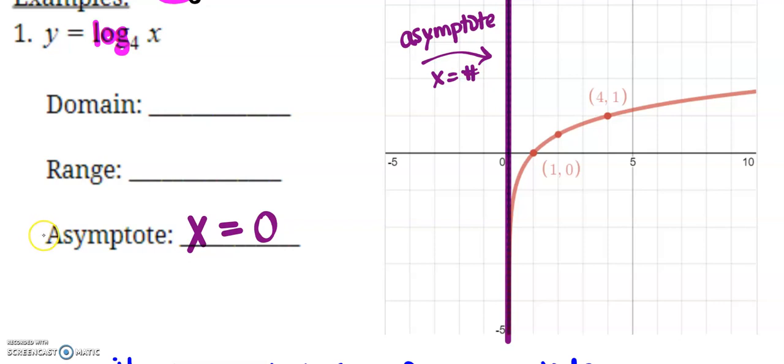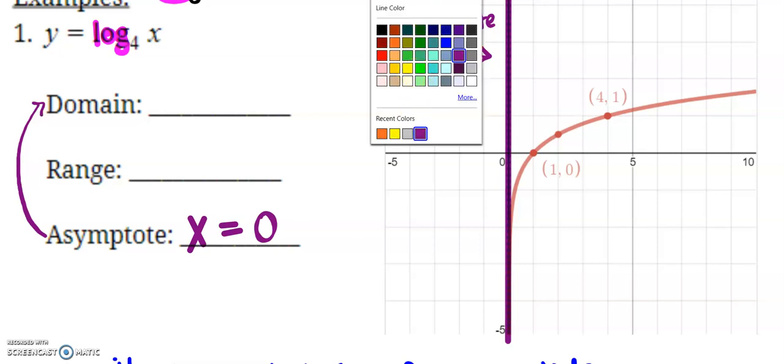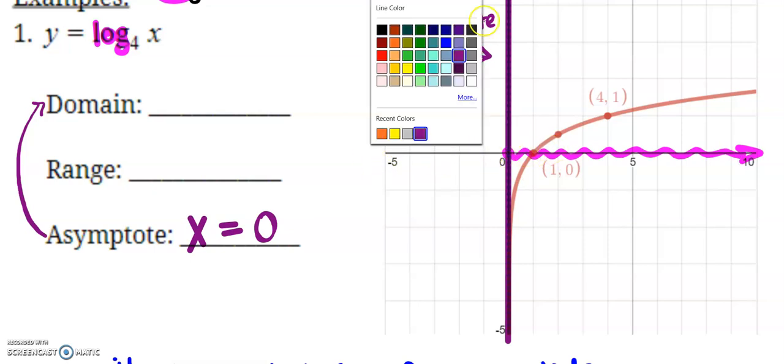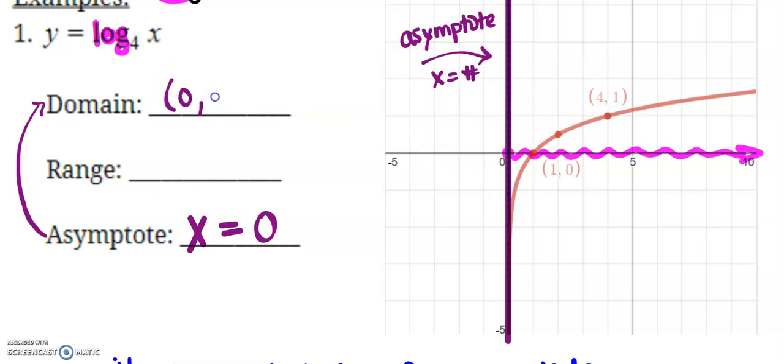So then what does that affect? Well, that affects the domain instead of the range. And so when we look at this function, now we're looking at the fact that the graph starts here, kind of around 0, and then it keeps going on and on forever to the right. There's no graph to the left of 0. So that means that the domain would be from 0 to infinity.